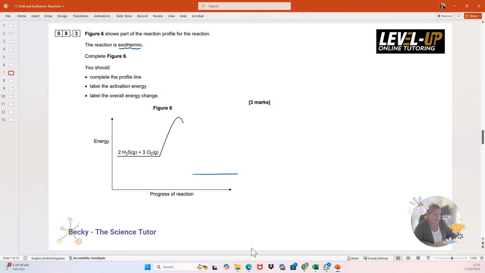And then we're just going to bring that line down so that it joins our products. So we've completed the profile line, label the activation energy, so these are what we've done before. Starting from our reactants up to the peak, that's the energy that we've got to put in.